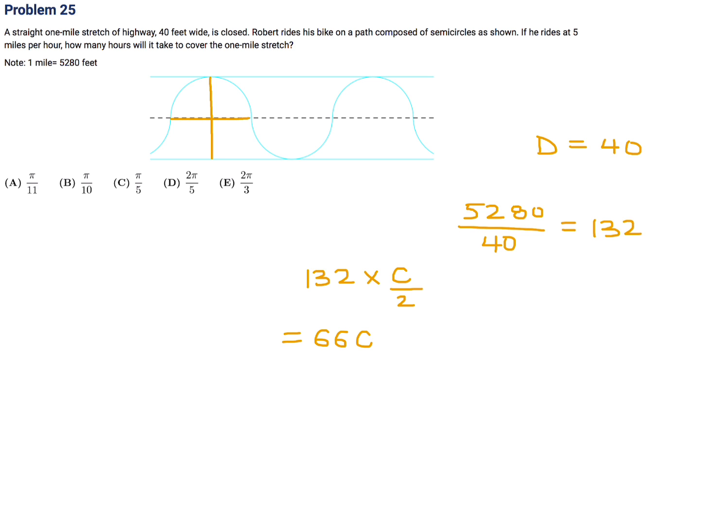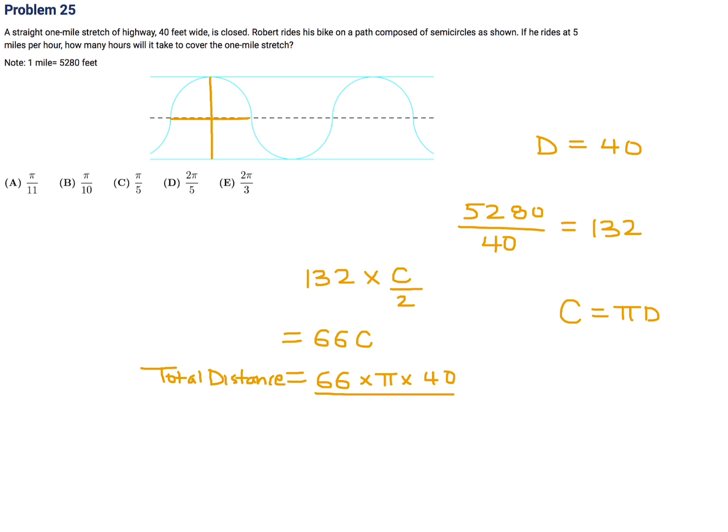Now what's c? C is the circumference of the circle. And the circumference of any circle, I'll write it over here, is pi times the diameter. All right? So 66 times pi times the diameter, which is 40. So this is the total distance that he travels. I'll just write that here, total distance that he's traveled.